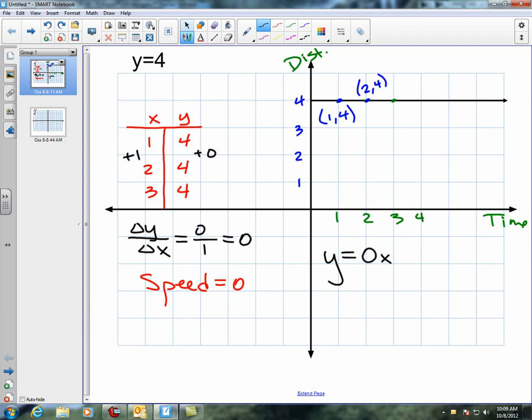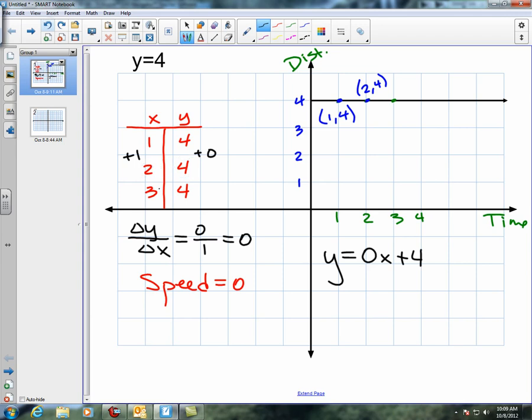And then we'd have to find out if that works. So we'd try it. 0 times 1 is 0, but that doesn't match the y value, so I'd have to make it match by saying plus 4. Let's see if that plus 4 works everywhere else. 0 times 2 is 0, plus 4 is 4, so that works.